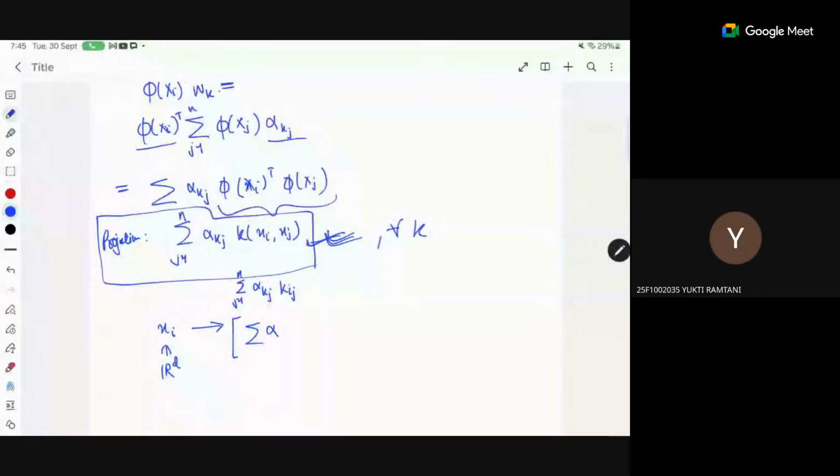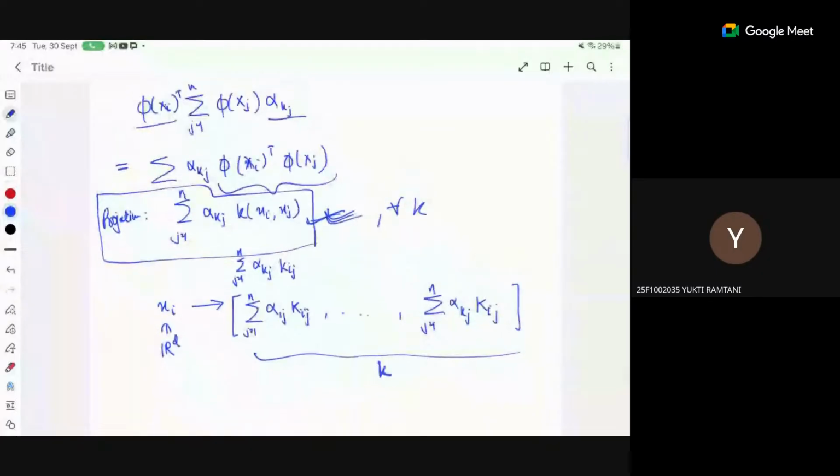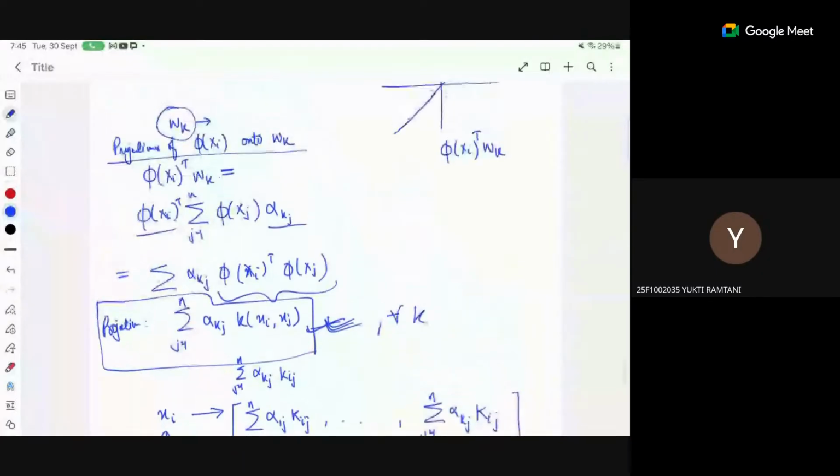If you take k to be 1, it will be the sum over j of alpha 1j k of ij, j from 1 to n. It will keep on going, up to k of alpha kj k of ij, j varying from 1 to n. So these are the k projections. This is what we are doing in PCA.